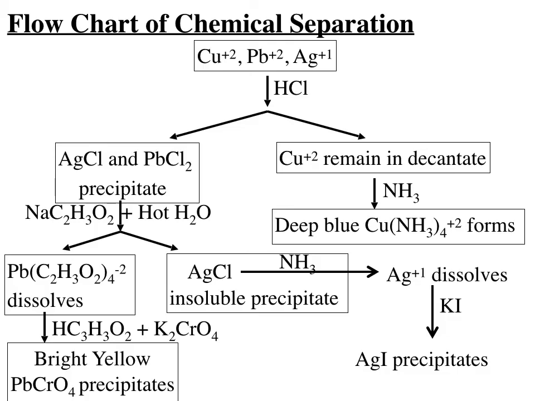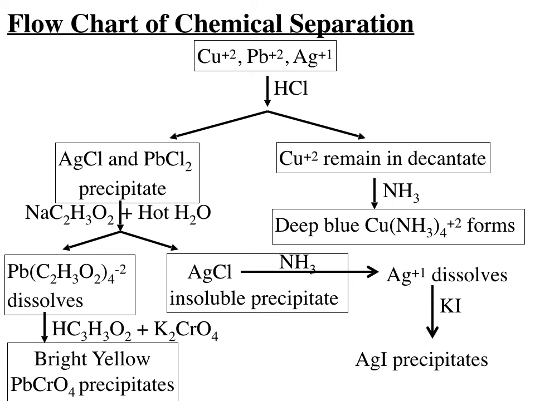This is a flow chart showing the separation steps and the qualitative analysis reactions that we perform today to prove or disprove the presence of either copper cation, lead cation, and silver cation. We took solutions, one practice, one unknown, and to each we first added HCl.